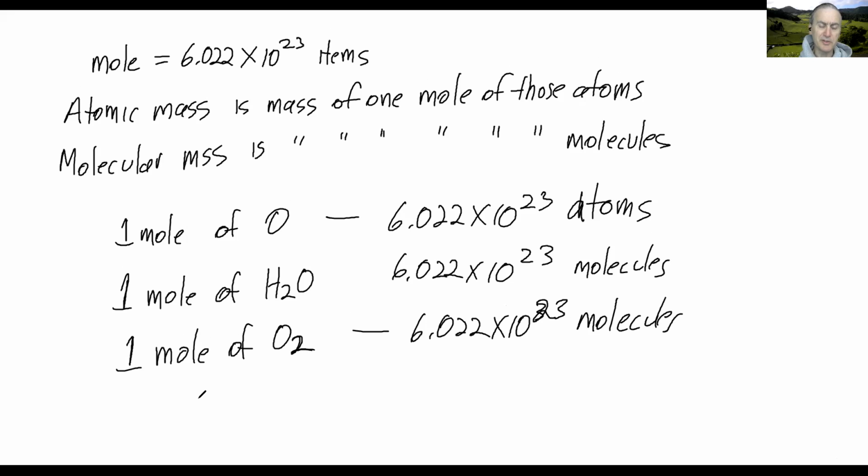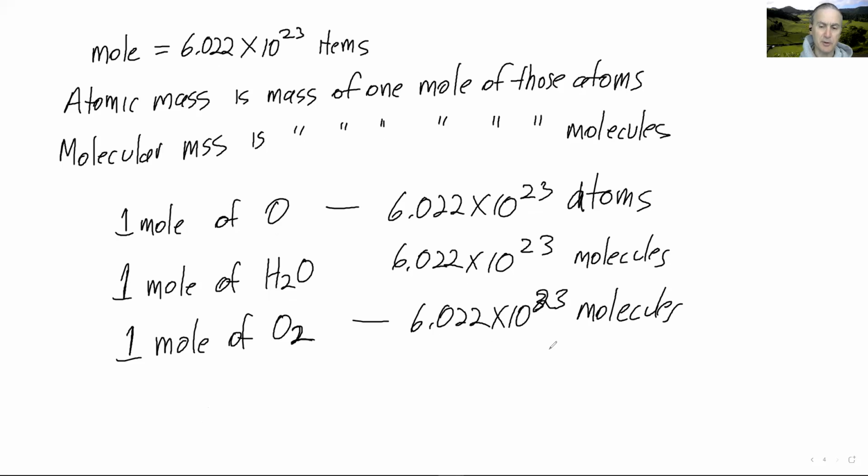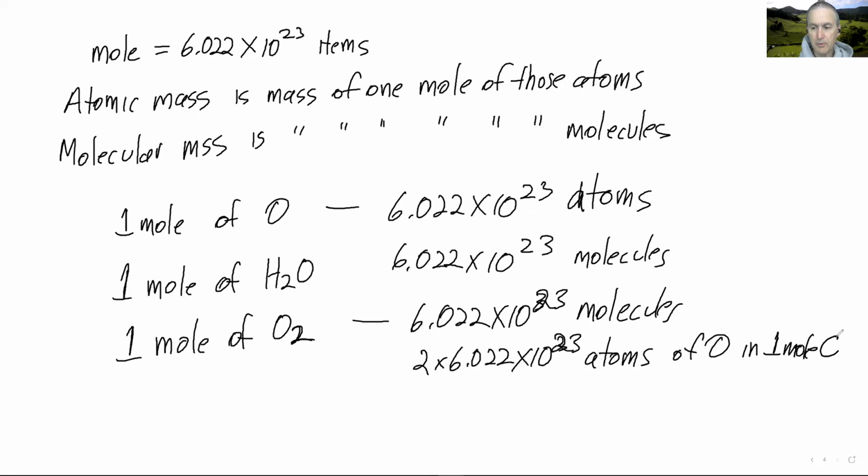So how many moles of oxygen atoms are there in 1 mole of oxygen molecules? Well, there is 2 times 6.022 times 10 to the 23rd atoms of O in 1 mole of O2, right?